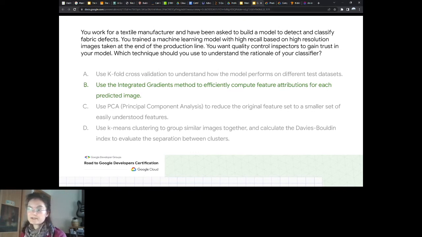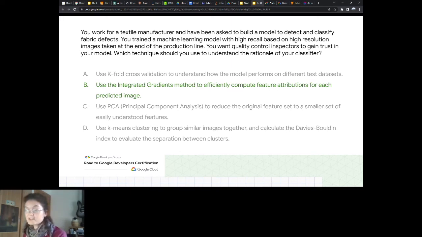Cross-validation, the first answer, is not for understanding the model. That's just to give you an idea of the average performance of your model while you're training it. You keep some parts of the training data set to evaluate each iteration, and then it gives you an idea in the end of the average accuracy or whatever of your model. So it's not to explain, it's just for performance.